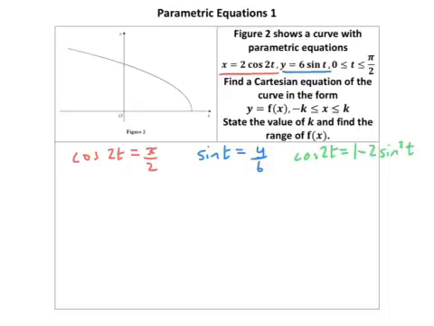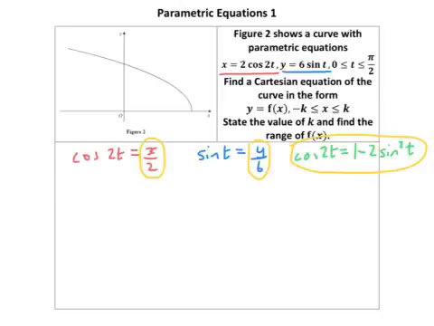Now, once we've got that, what we can say is, hang on, I know sine t is this, and I know cos 2t is this.